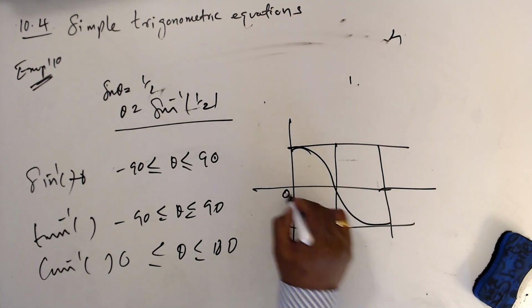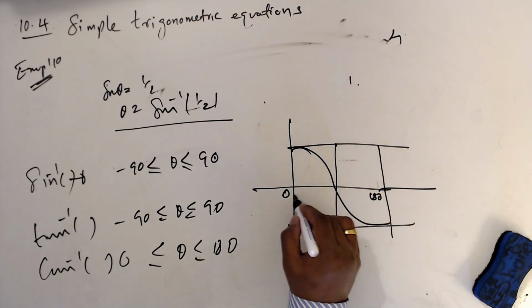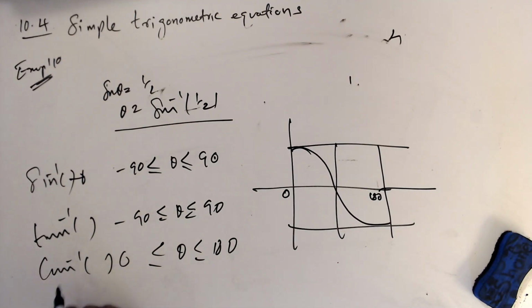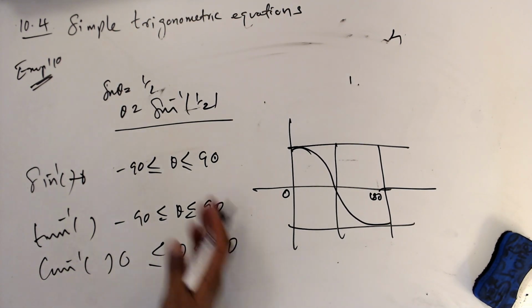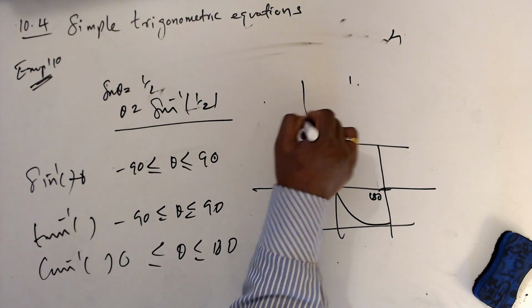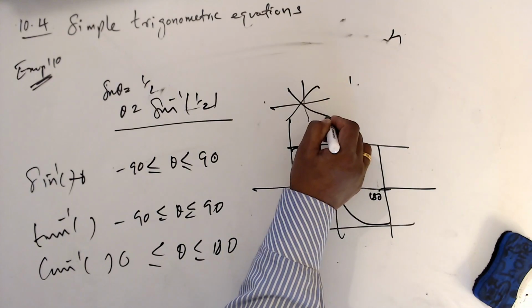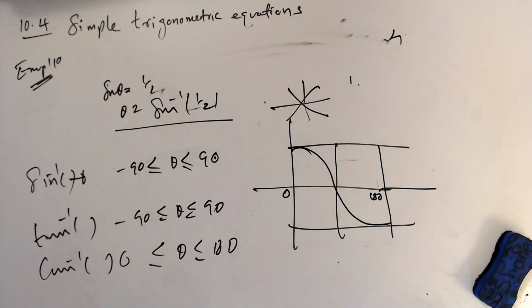From here to here, 0 to 180. When you take the inverse, you will get an answer in between these ranges. This is for your general knowledge. Sometimes if you have more facilities in the calculator, when you get sine inverse, you don't need these kinds of diagrams. You will get the whole set of answers.